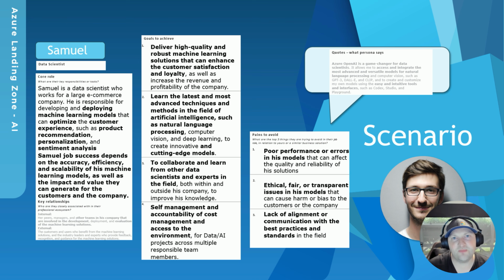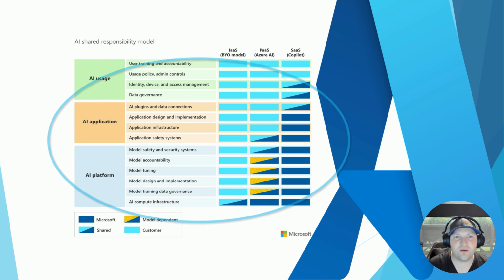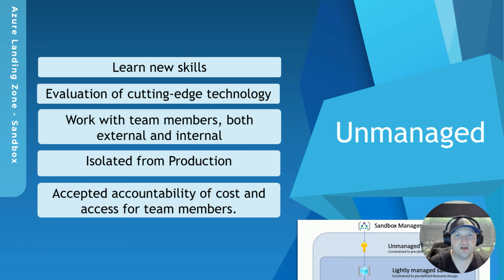Based on the conversations with him, we've come to the conclusion that for Samuel's use case, because he wants to learn new skills and evaluate cutting edge technology, and one of the factors is he works with external team members, internally and externally. So multiple people may be doing the same thing as him, and it must be isolated from production.